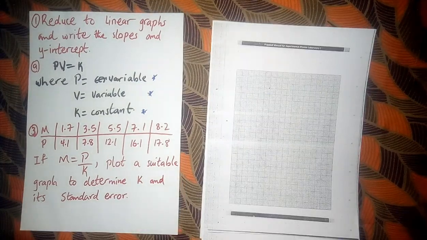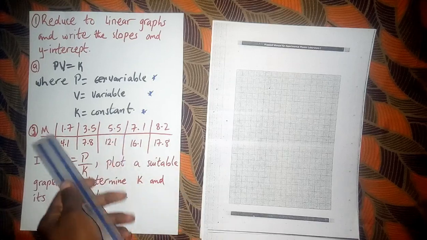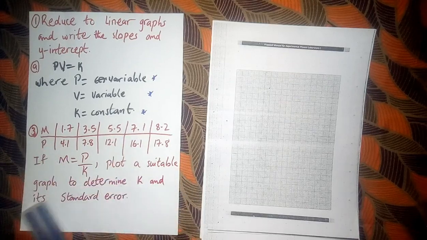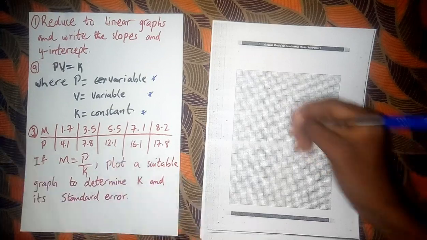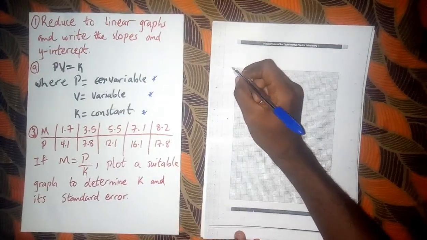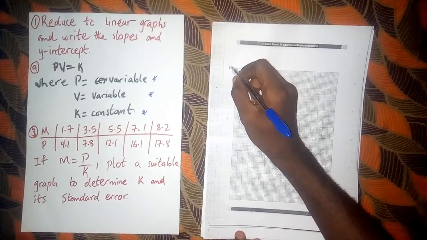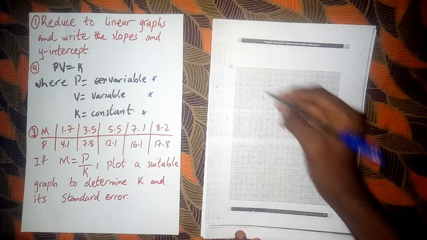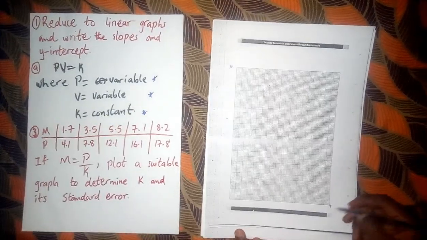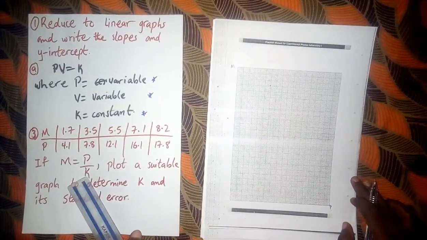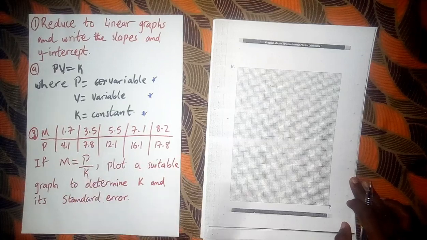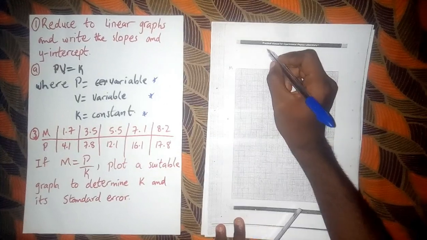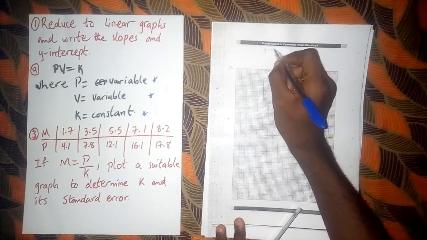Okay, so the second question now, we have this, that we should plot a suitable graph to determine K and a standard error. So I'm going to make my graph to be M against P. So you can make your graph P against M, provided you can get your K. Okay, so now this thing here will be for our y-axis.